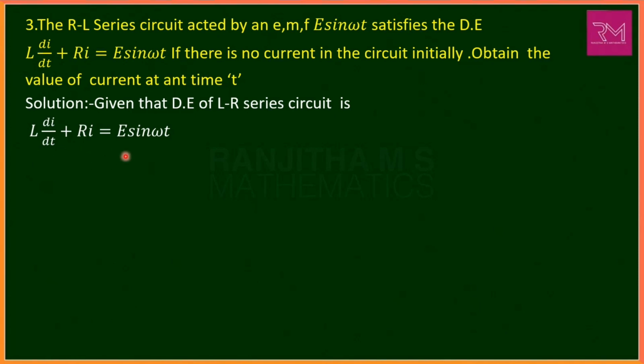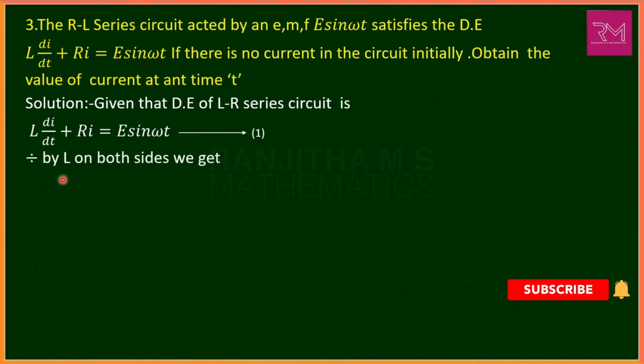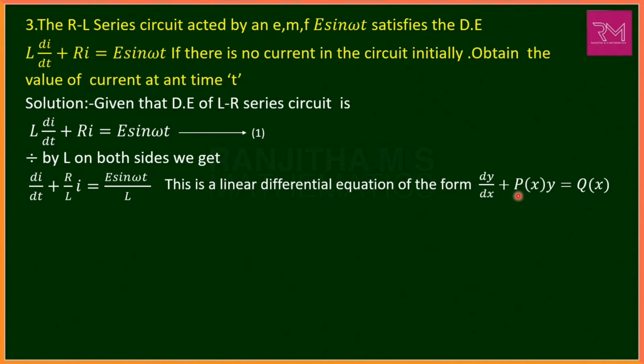First we have to reduce this to a linear differential equation. For that, divide throughout the equation by L, and we get di by dt plus R by L into I, which is equal to E sin omega t divided by L. So we can conclude that this is a linear differential equation of the form dy by dx plus p of x into y, which is equal to q of x, where p is R by L and q is E sin omega t divided by L.